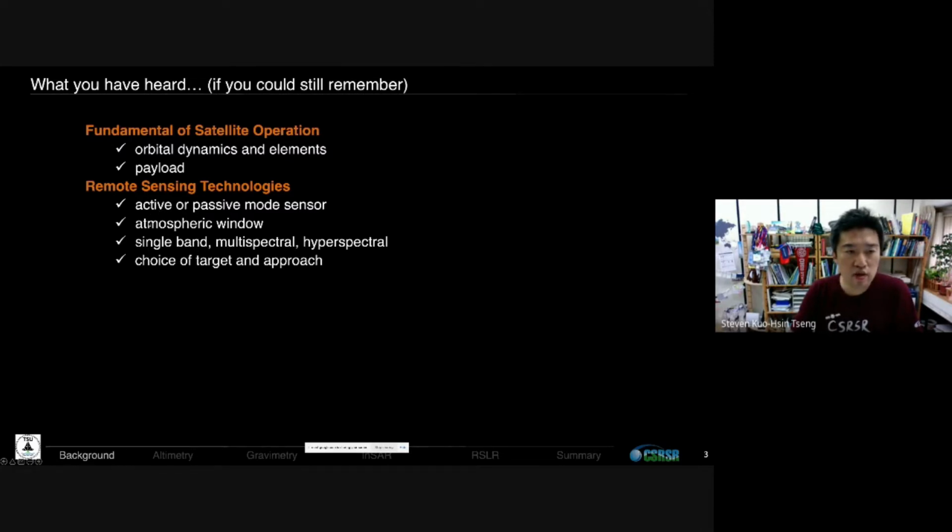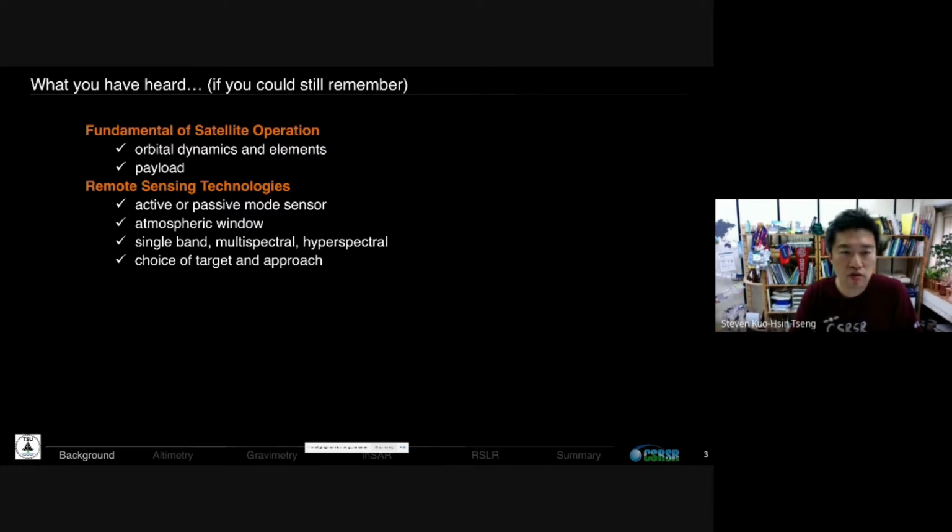And you are familiar with this term, atmospheric window. It's a very specific spectral window that allows the electromagnetic wave to travel between space and the surface of Earth without serious attenuation of the strength and also the phase and so on. So that's the microwave wavelengths.